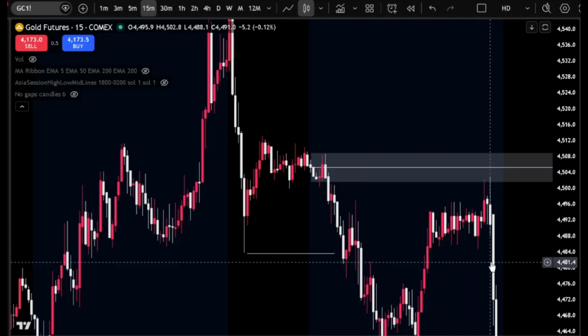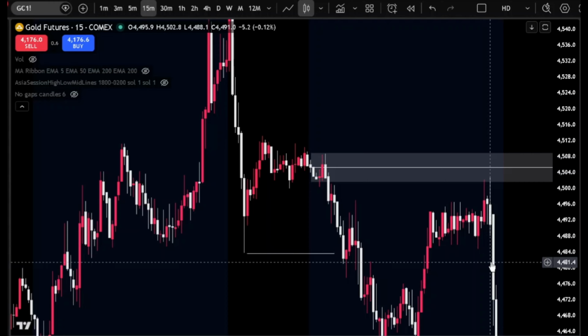These setups don't work every single time. Obviously in trading you need a 60 or 70% win rate to become profitable and make a lot of money. You can't really be aiming for 100%, a strategy that always works. Every strategy has a different win rate.